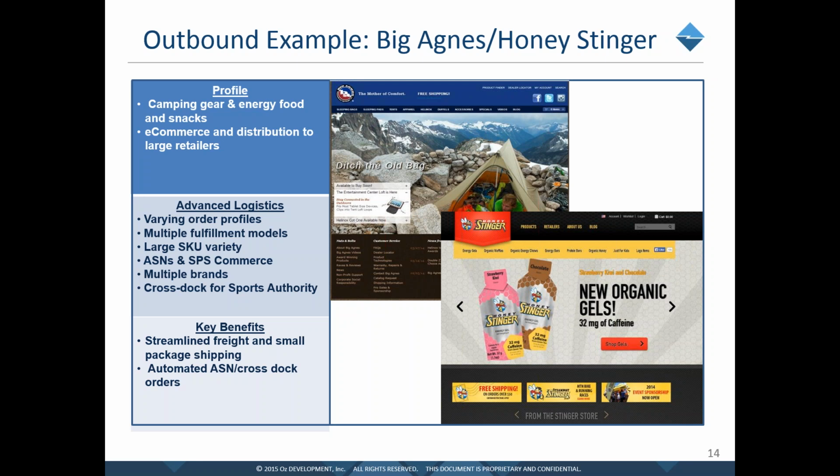So for Honey Stinger, this was a lot of manual labor just to get the packaging and everything done physically the appropriate way, but then to go back to a web form and type all this data in of what's in each carton was very, very time consuming. And as John had mentioned earlier, whenever they would make a mistake, they would not only get a chargeback from Sports Authority or Dick's Sporting Goods or whomever the trading partner was, but there's also a scorecard that goes along with that.